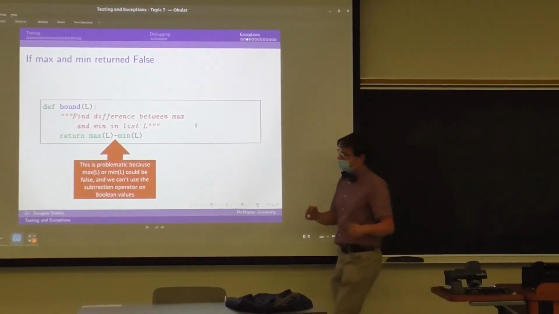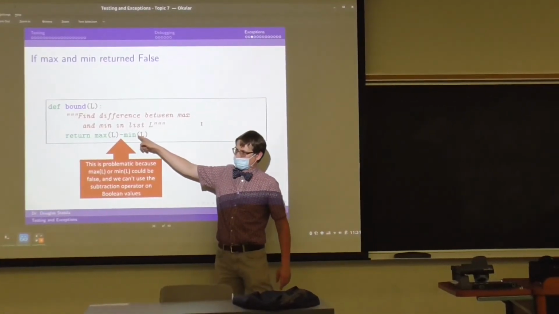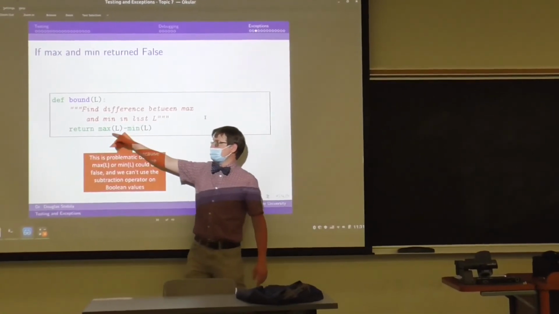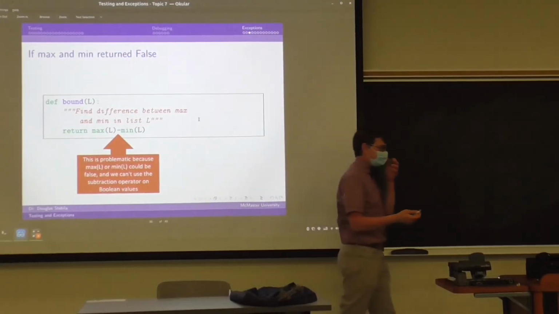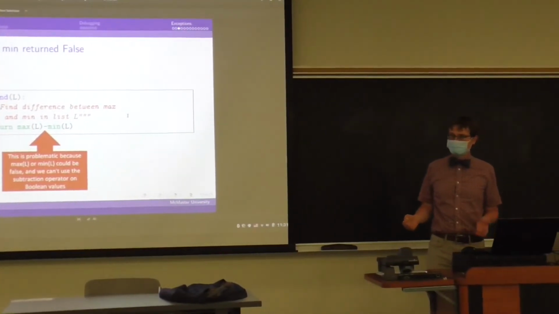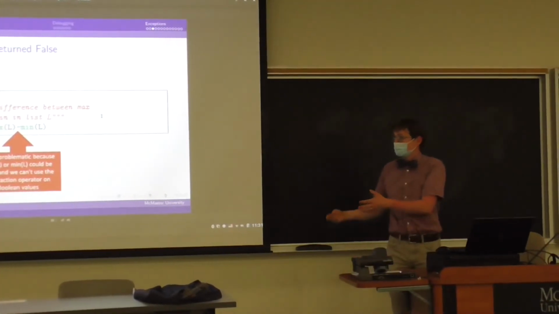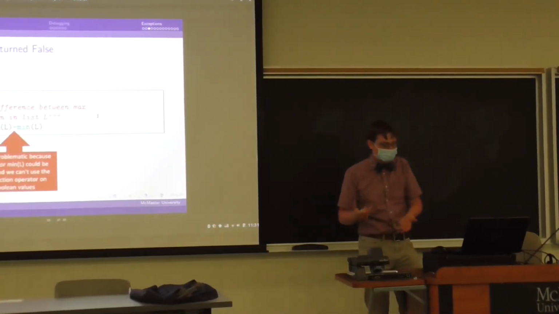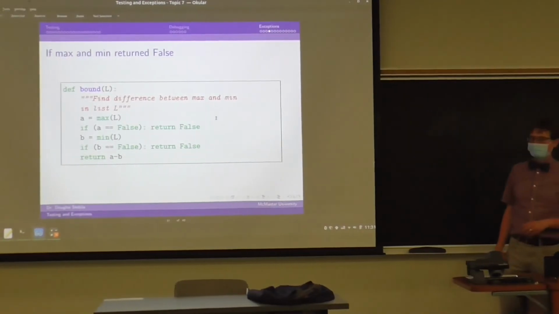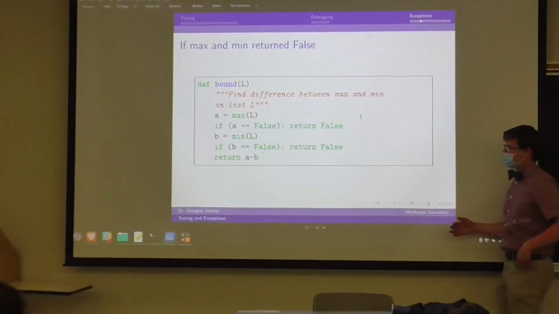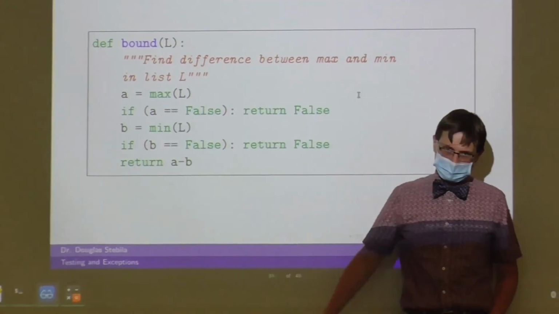You either check that condition before you hit this line, or you check the outputs of both of these to see if they're possibly false. Either way, you're adding a bunch of if statements, right? Which you don't want, because you want to keep things nice and clean and modular. You could do it this way instead. This is with the if statements in.